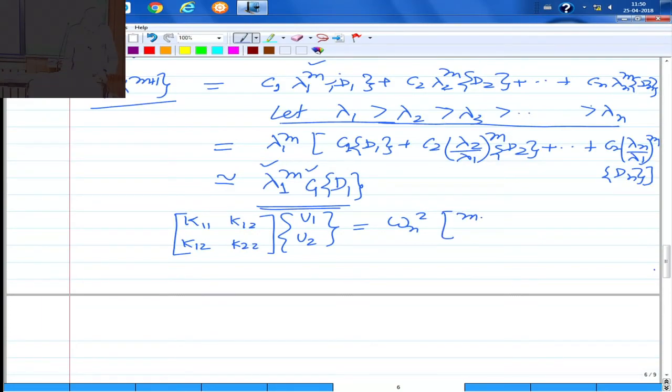Let us say it's a lumped mass matrix, m11, m22, into u1 and u2. Let us say that we have this form of the problem.